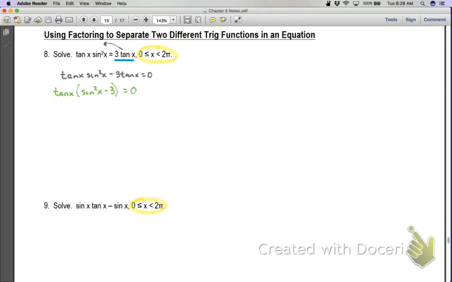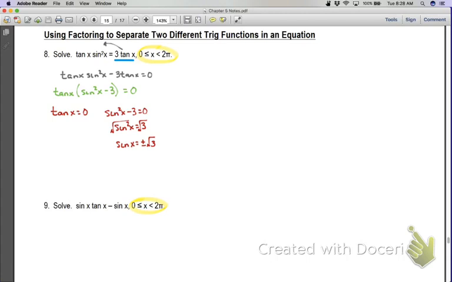Then each part gets set equal to 0. So when tangent is equal to 0 and when sine squared x minus 3 is equal to 0, solve. So when is sine x equal to plus or minus the square root of 3?